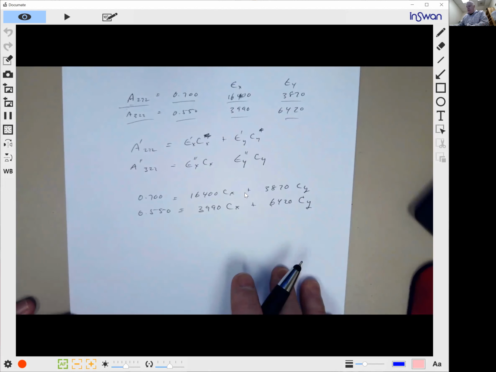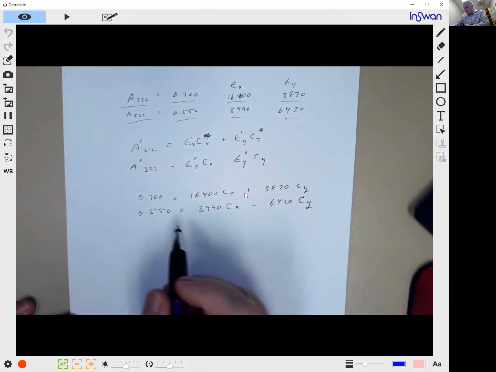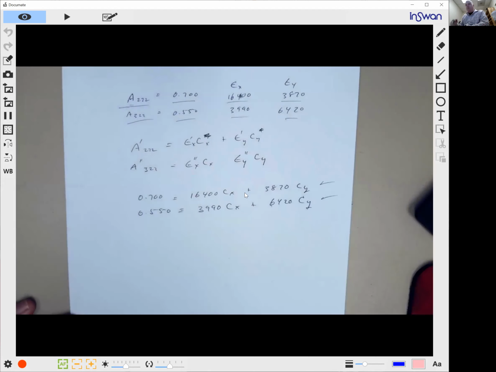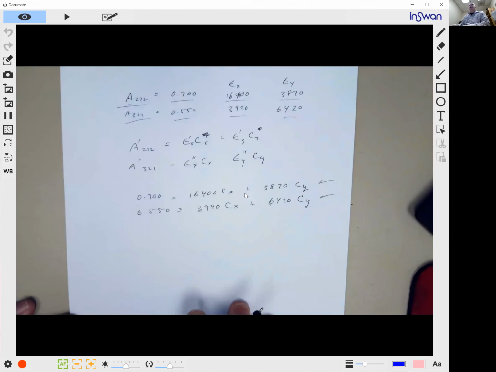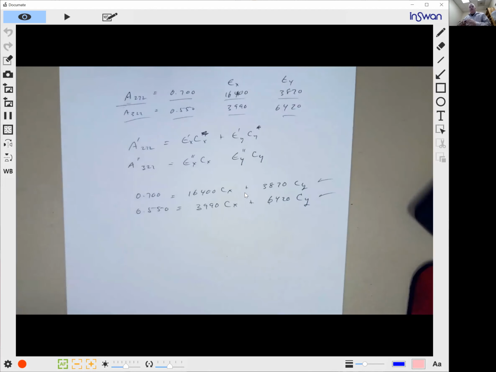But you would agree that with these two equations, there's probably a solution for cx and cy, right? Yes, there's definitely a solution. Otherwise, why would I be employed at this university and wasting everyone's time?